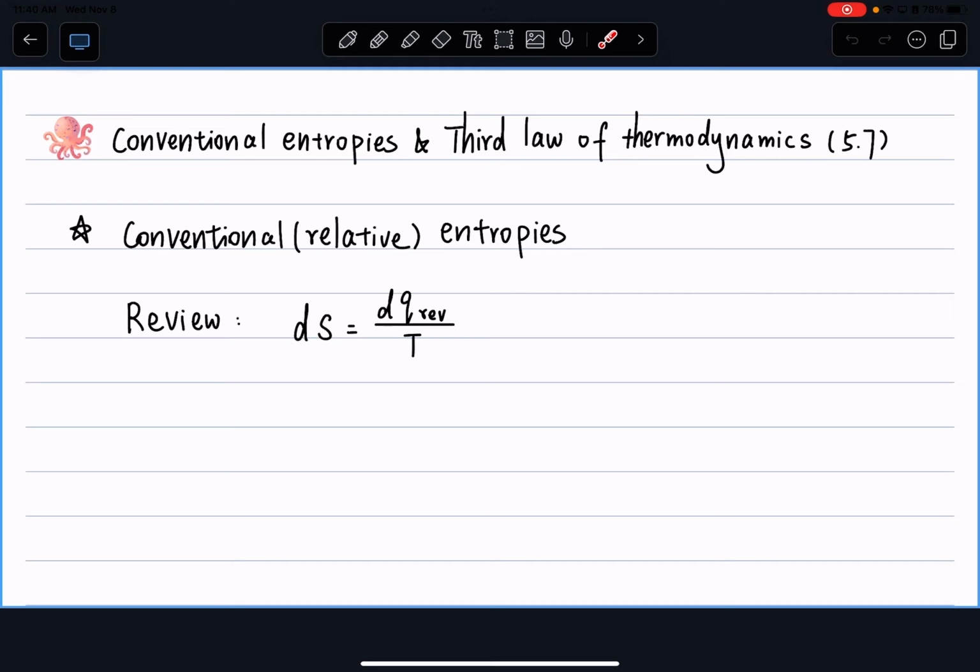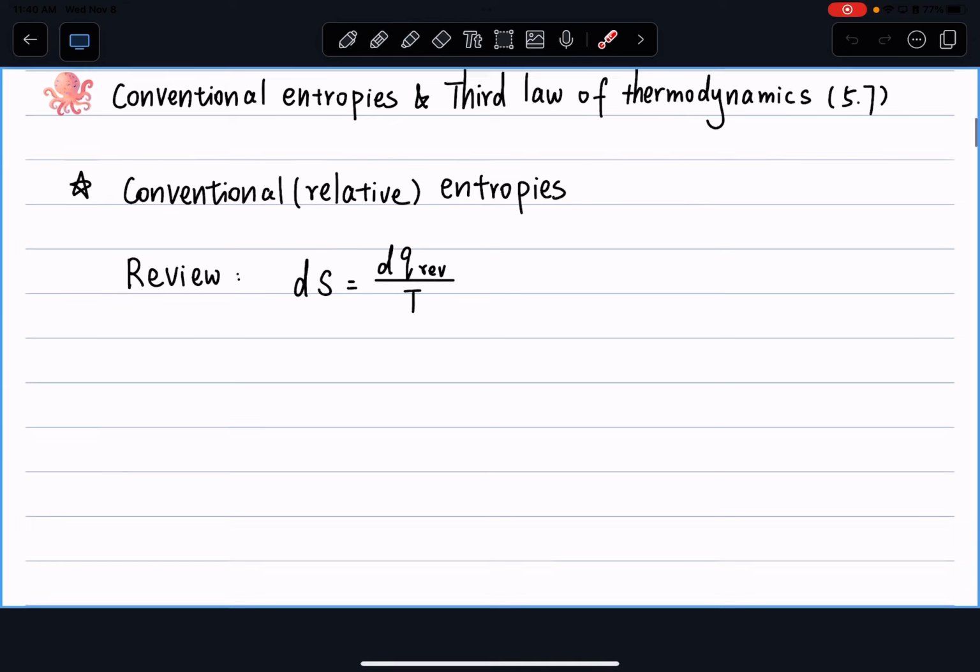So when we're talking about conventional entropy, we're taking a difference between that standard state, like 1 bar and 298 K. We're comparing the entropy of that substance at that specific state to a reference point. So we're talking about the change of entropy between a reference point and some point you're interested in, in your tabulated data.